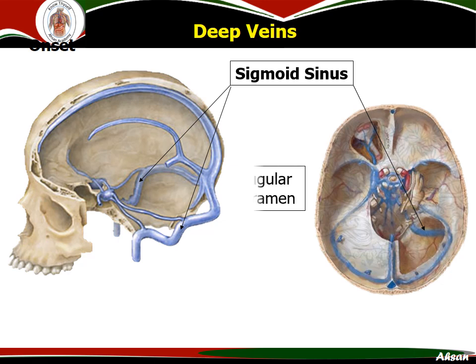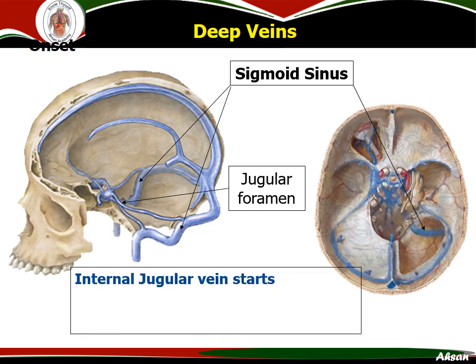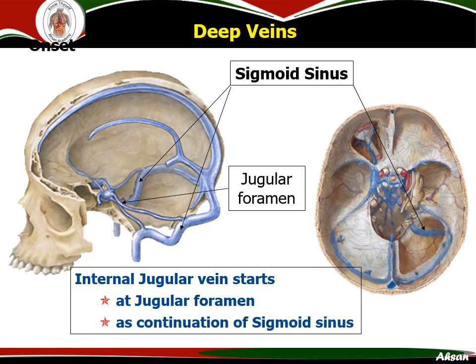This sigmoid sinus passes through the jugular foramen to become the internal jugular vein. You can see this is the jugular foramen, and it continues as the sigmoid sinus, and at the level of the jugular foramen it becomes the internal jugular vein.